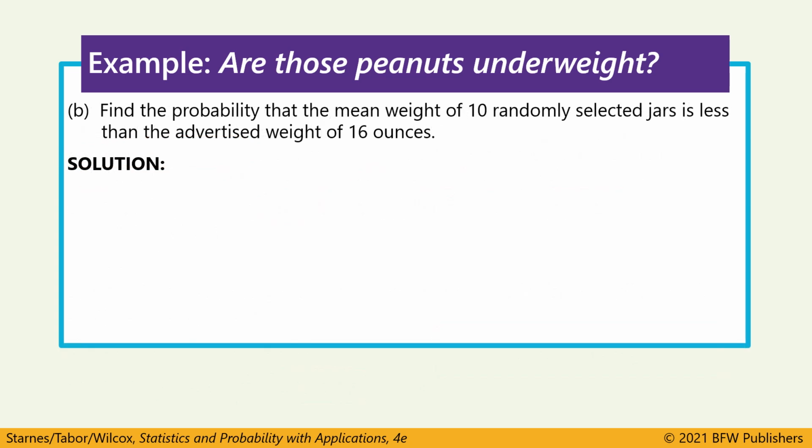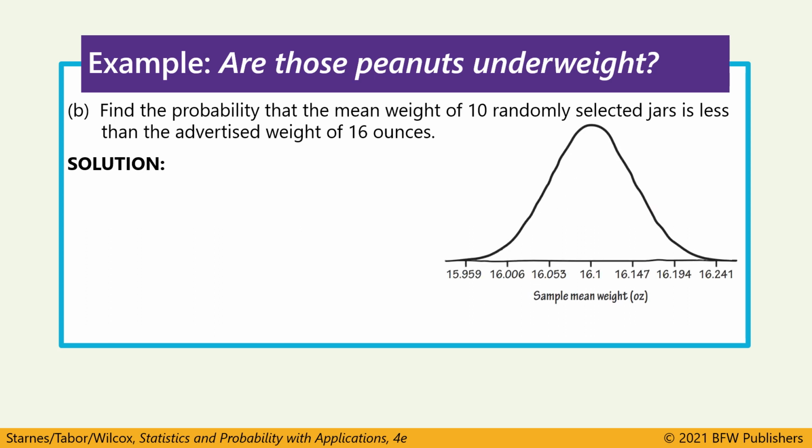In part B, we're going to use those values to find the probability that the mean weight of 10 randomly selected jars is less than the advertised weight of 16 ounces. So that mean is going to go right in the center, the mean of 16.1, and the standard deviation we found was 0.047.